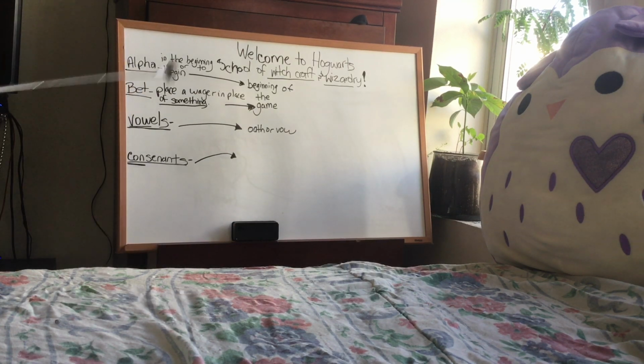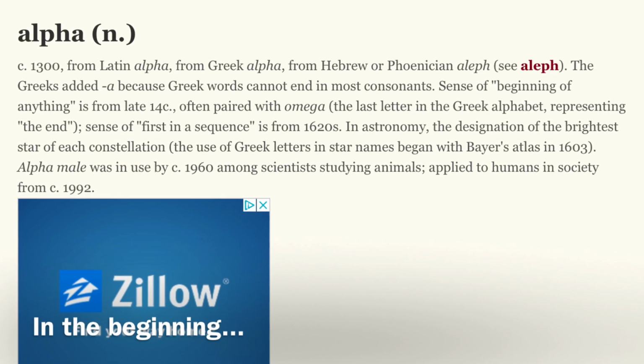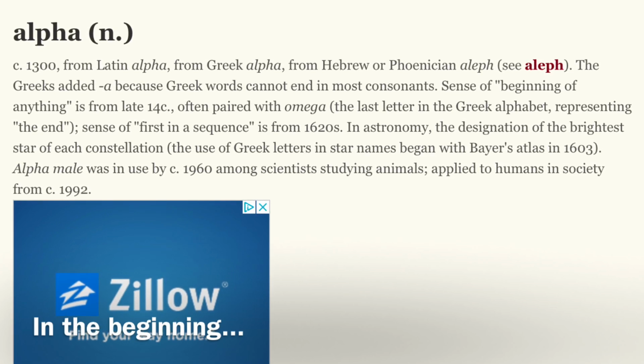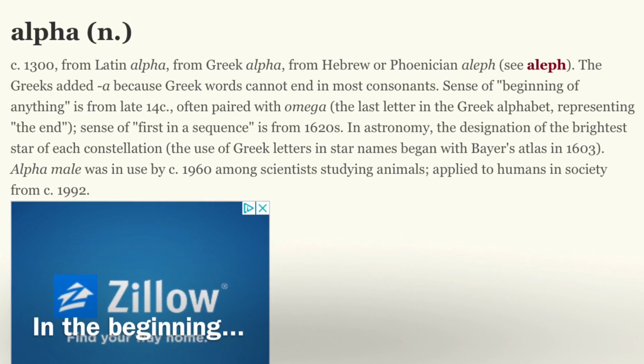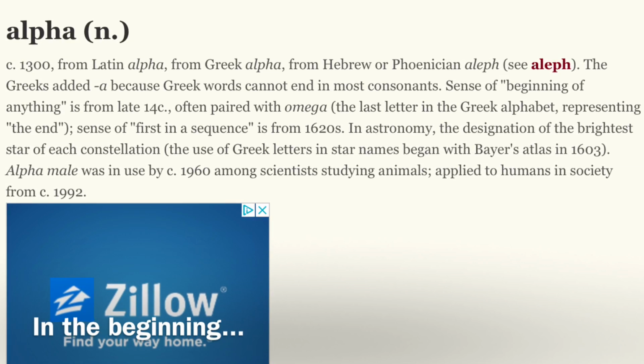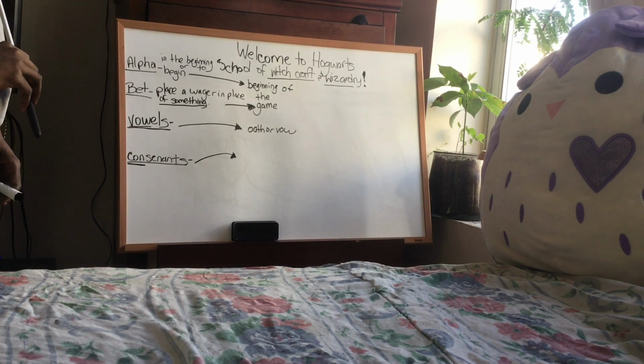The word alpha in etymology means in the beginning of anything, the first in the sequence. Okay, the word bet means the mutual pledging of things.